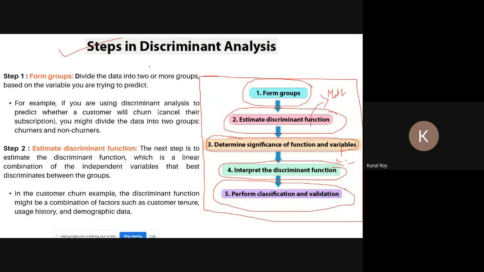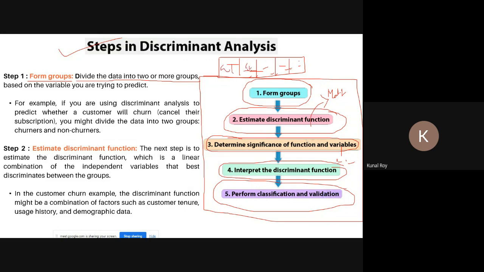So the first step behind discriminant analysis is forming groups. That means we have lots of data available. How can we arrange or classify those data so that we can predict what type of data can come in the next section? That's why we have to divide the data into 2 or more groups.